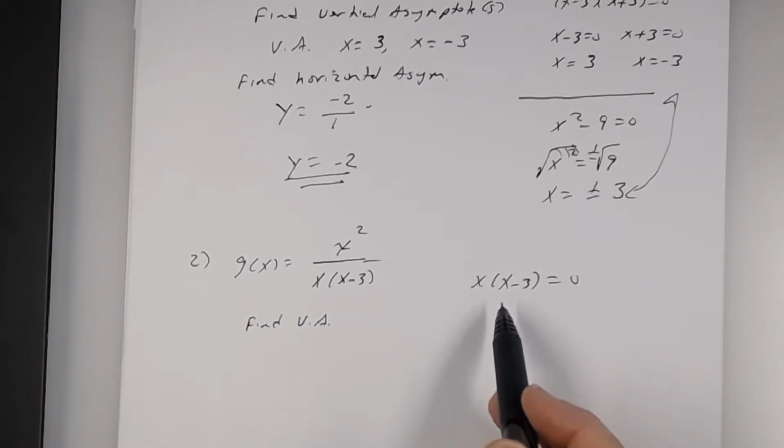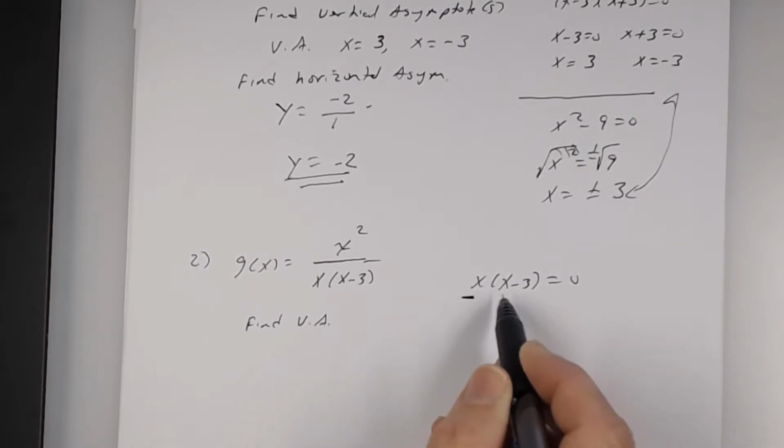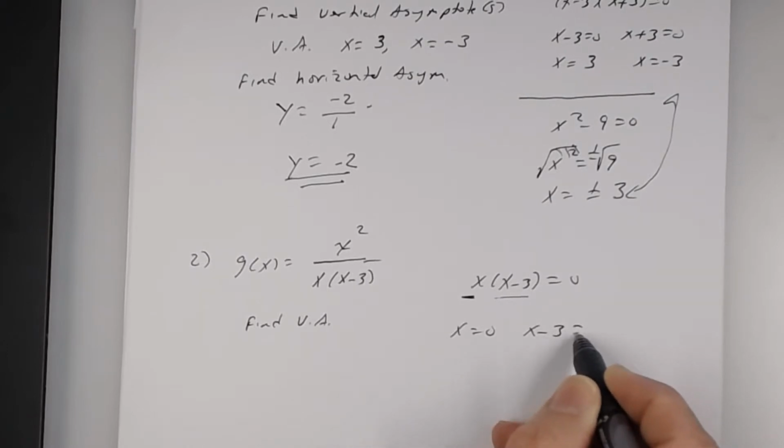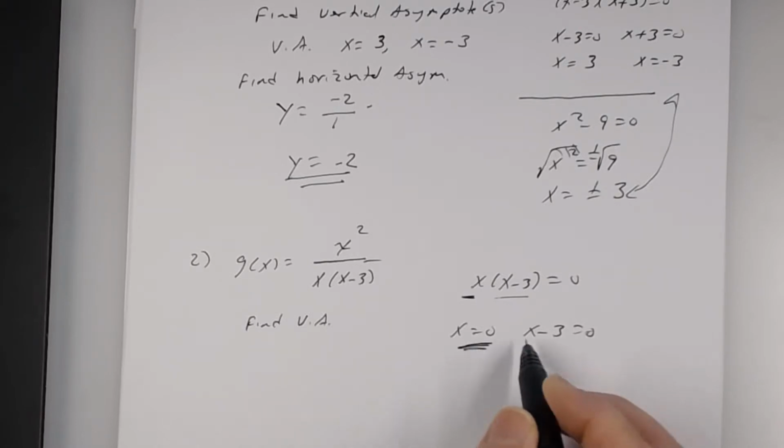It's already factored. So how do you find your restrictions? Set both of them equal to 0. The zero factor property. So my two factors are x and x minus 3. So x equals 0 and x minus 3 equals 0. So this one already has x by itself, so there's one of my restrictions. What's the other restriction? 3.